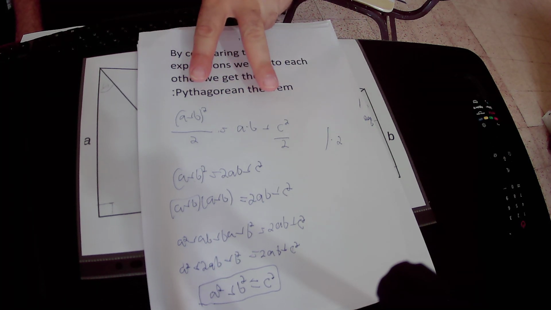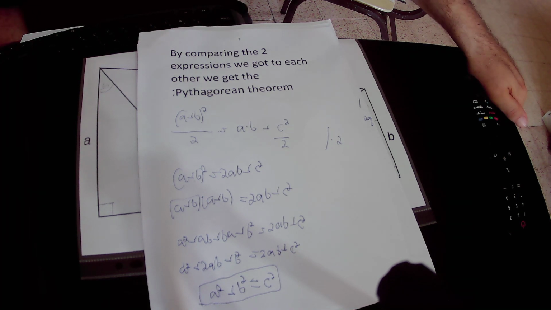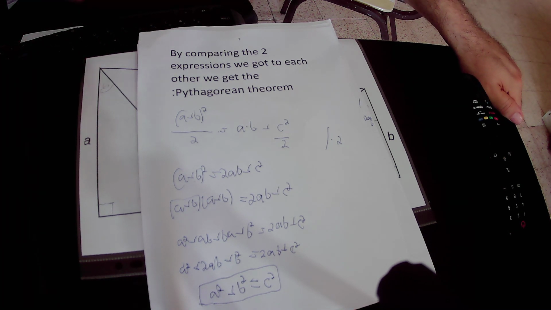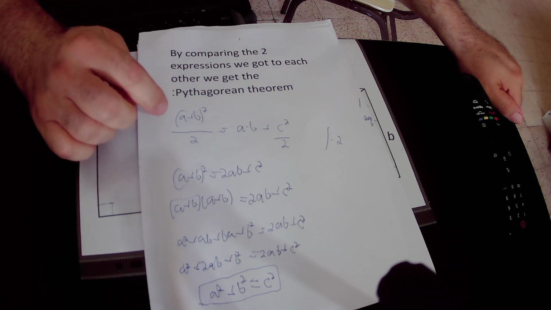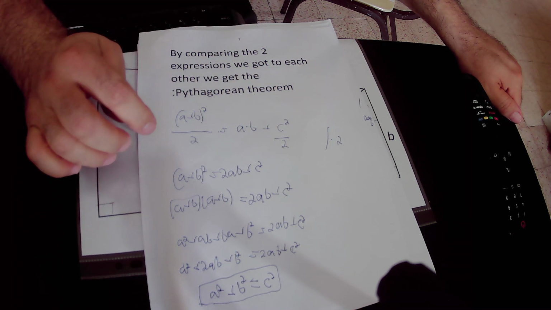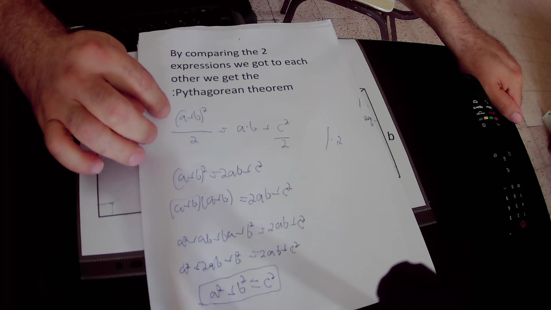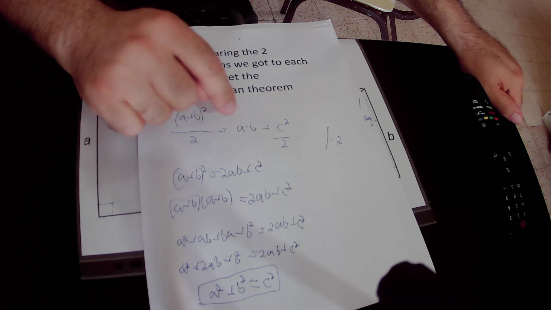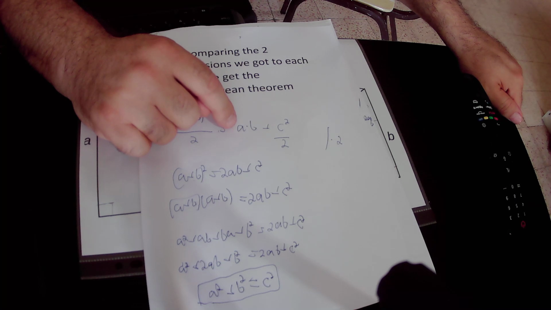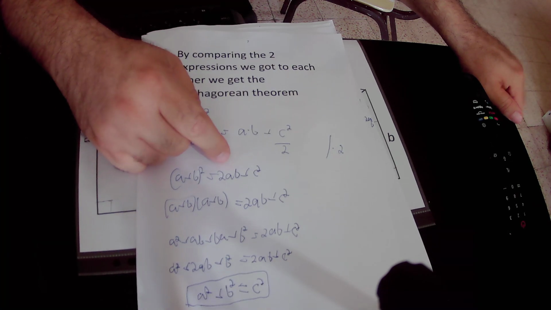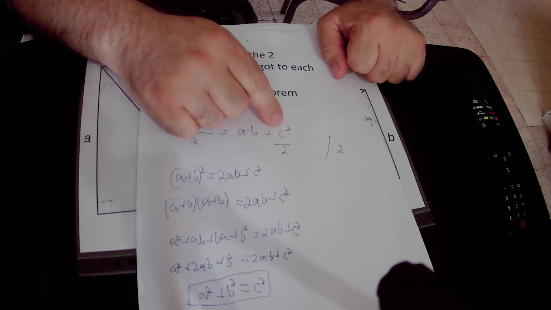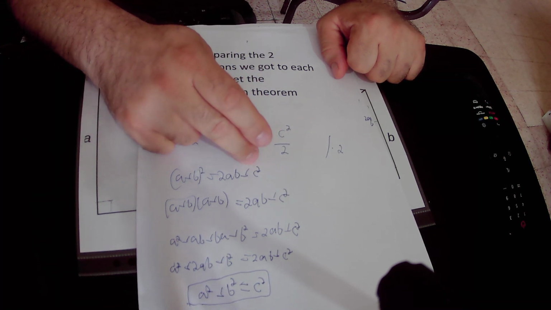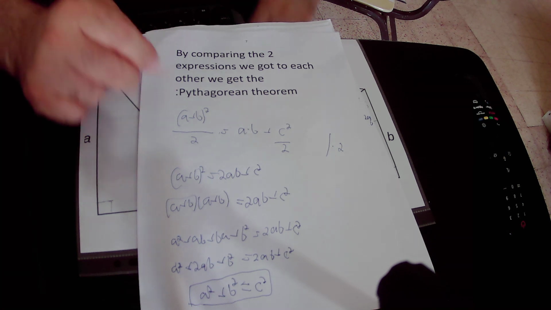So we can compare the two expressions of the area of the trapeze. Here we can multiply both sides of the equation by 2, and then we get A plus B squared divided by 2 times 2 is A plus B squared, equals AB multiplied by 2 is 2AB, and C squared divided by 2 multiplied by 2 is C squared.